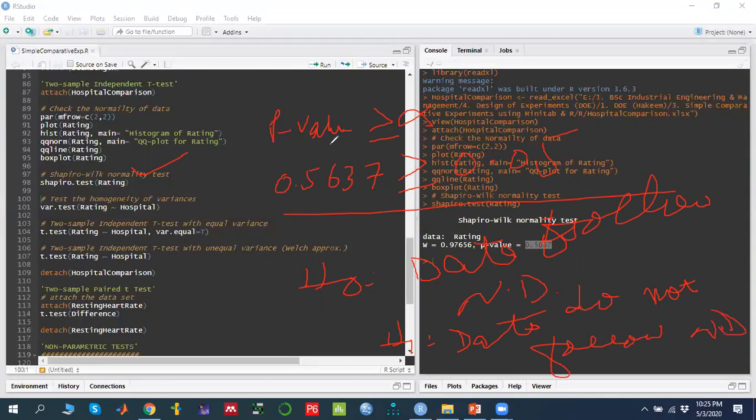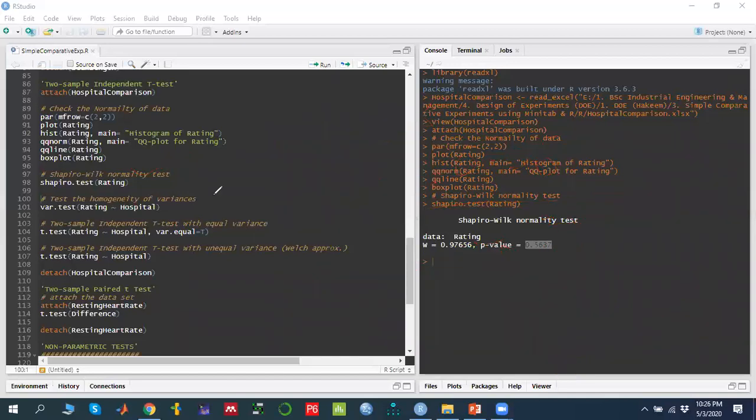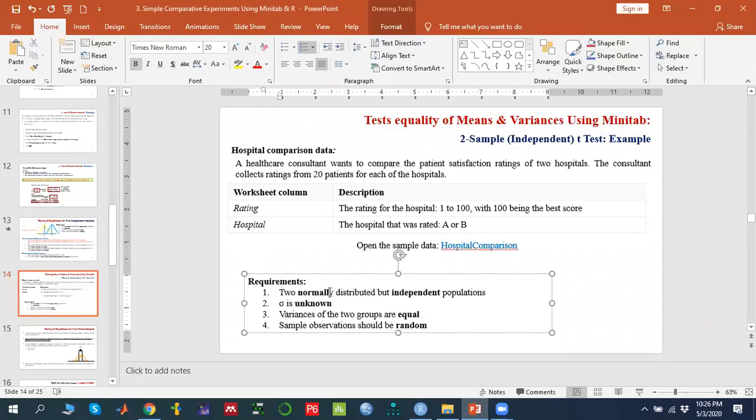Because the p-value is greater, we accept H naught, which means data is following the normal distribution. So the first assumption in order to apply the t-test is fulfilled, that is, data is following the normal distribution.